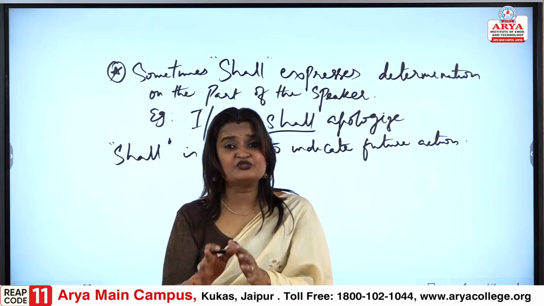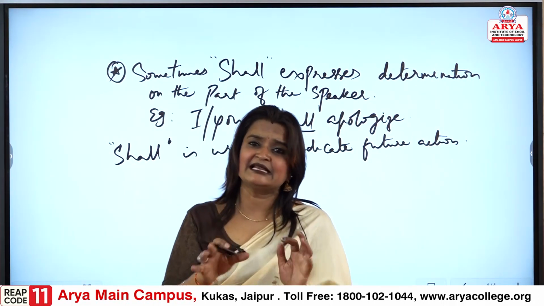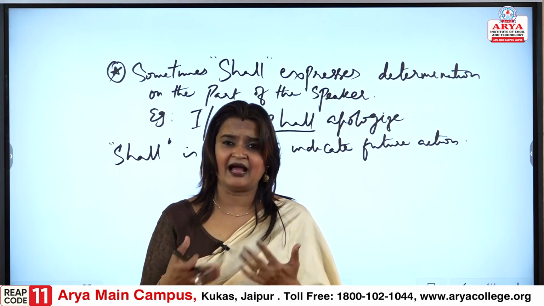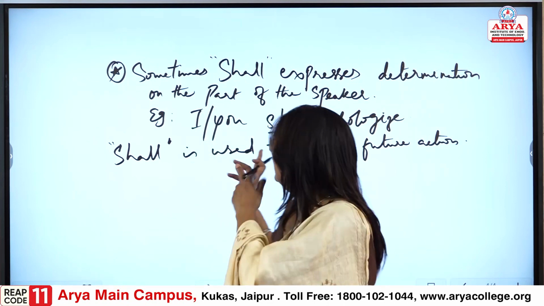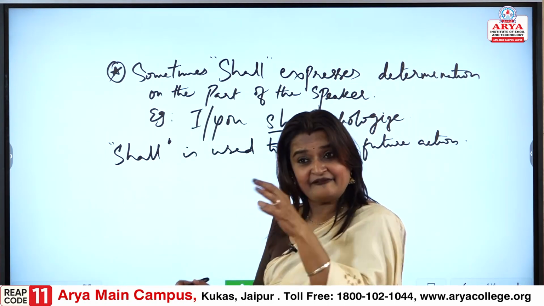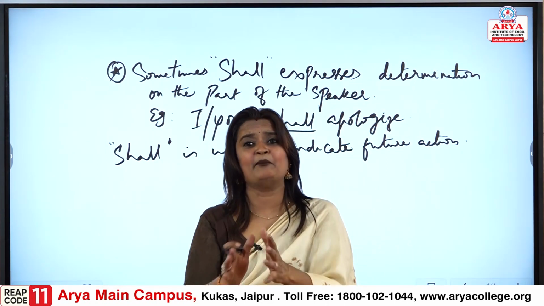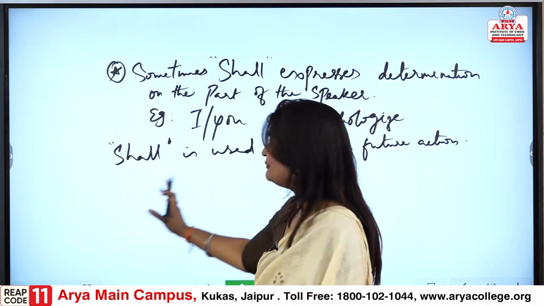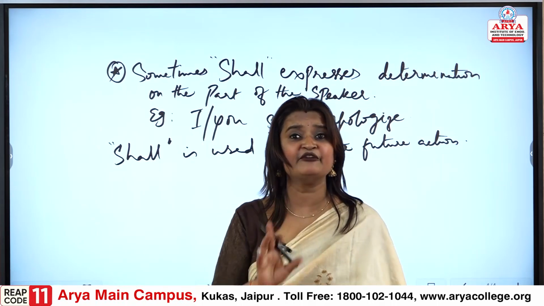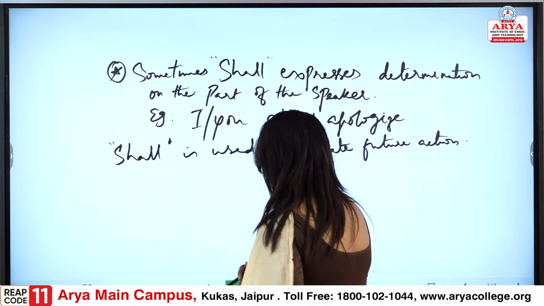So, it is in the near future, now that you have realized it, the person says, I have realized it now, so I shall apologize, fine. Again, it is the near future; if I am doing it right now, it would be I am apologizing. So, accordingly it would be working. So, when I am using I shall, it is again for the near future, please understand this, fine.